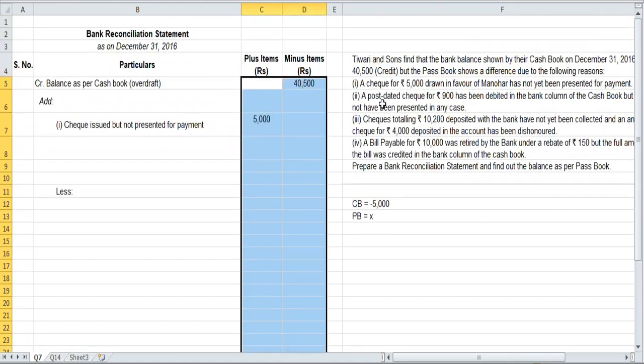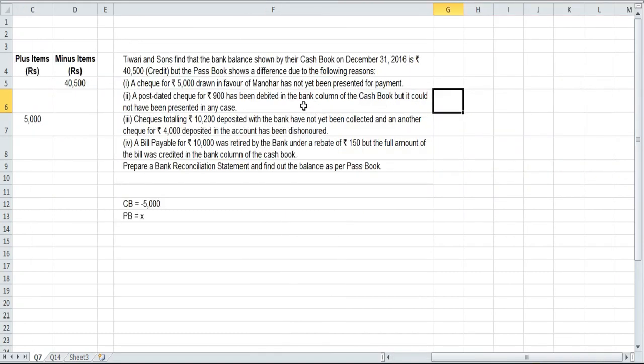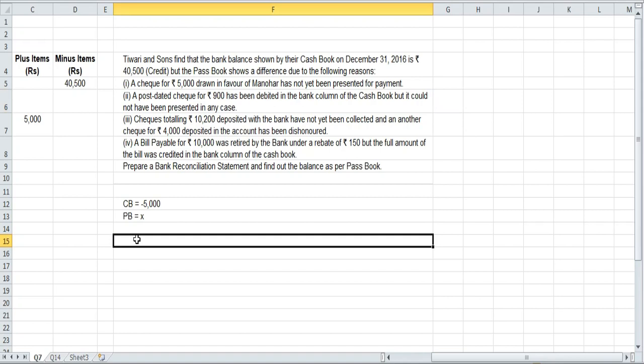Next, second point. A post-dated check for 900 has been debited in bank column in cash book but has not yet been presented in any case. So in our cash book, in the bank column, we have entered an amount, that is, we have deposited a post-dated check for 900.